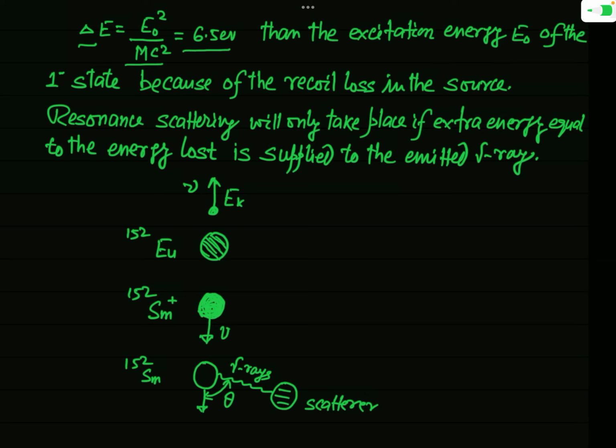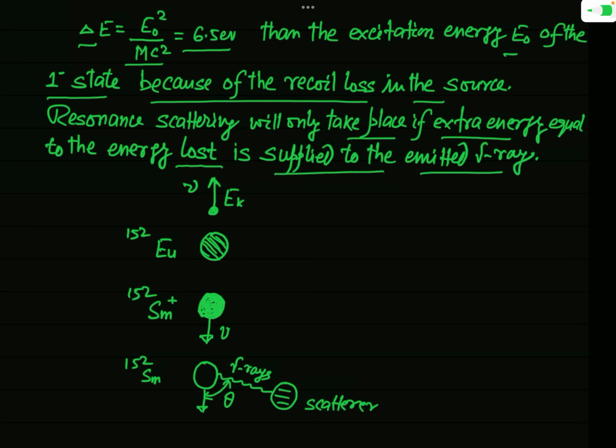In fact, here this E naught is the excitation energy of the -1 state because of the recoil loss in the source. This -1 state is the state corresponding to Sm star in the second excited state. Now, resonance scattering will only take place if the extra energy equal to the energy lost is supplied to the emitted gamma rays.